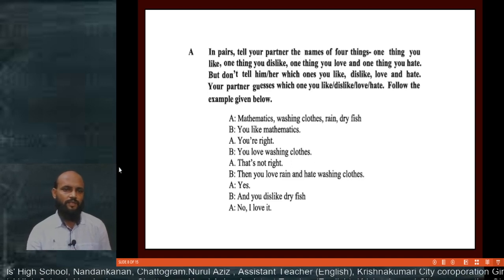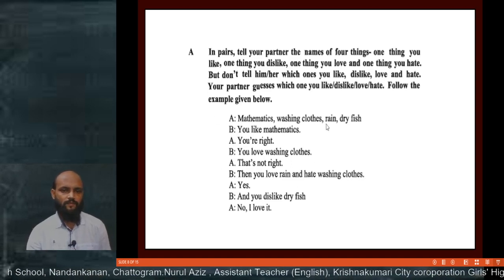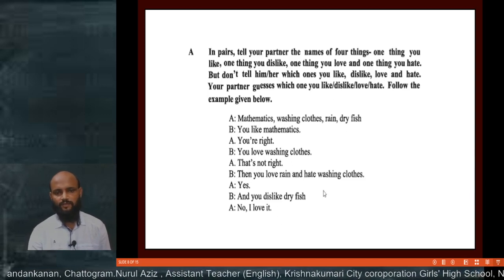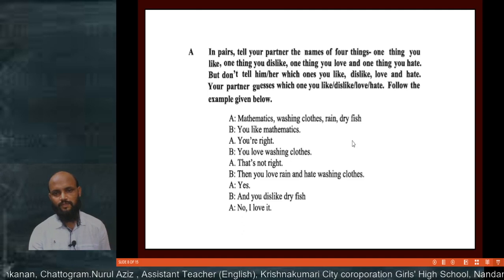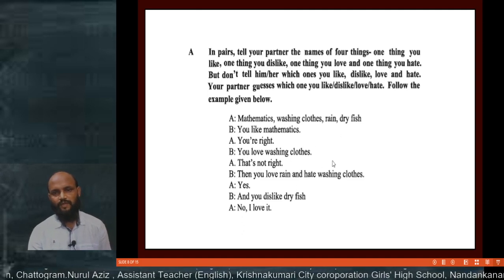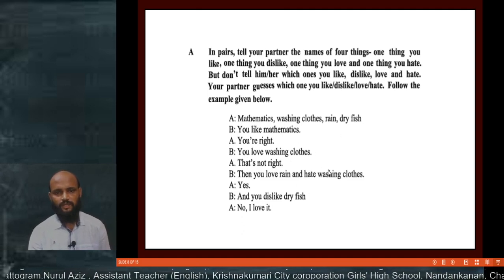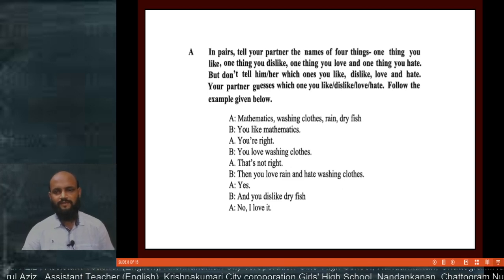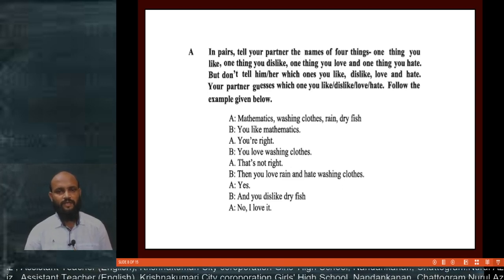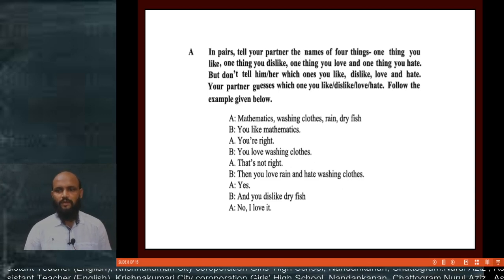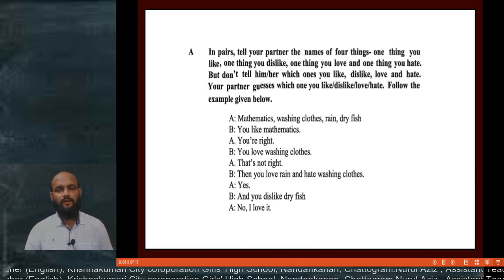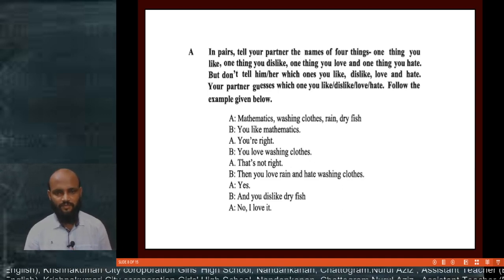You find in section A a short dialogue. This is a very interesting activity for you. You can practice it with your friends, sisters, brothers at home, discussing your likes, dislikes, love, hate, etc. Let your friend guess your likes and dislikes of different things.